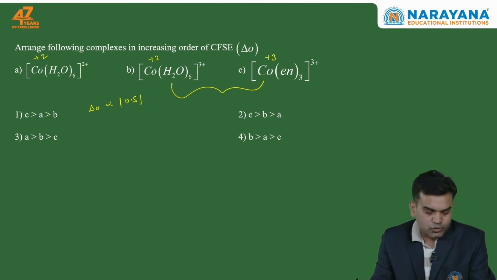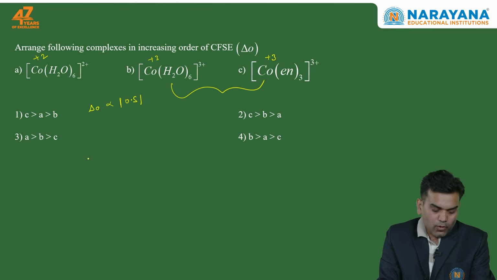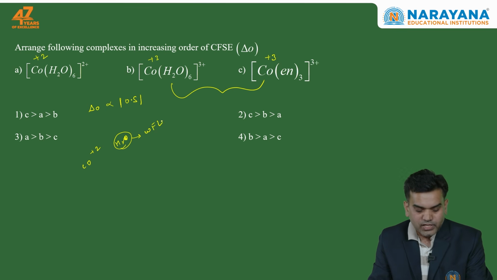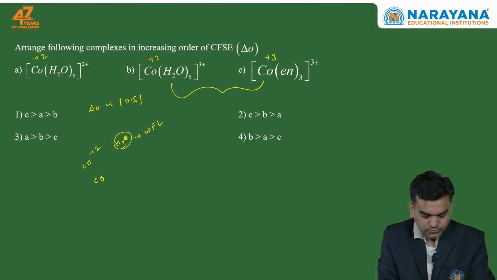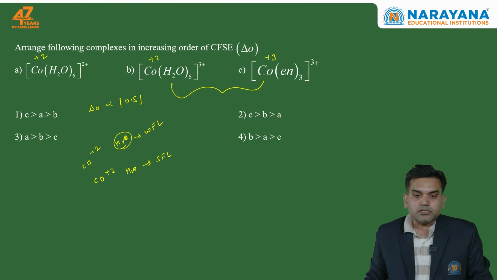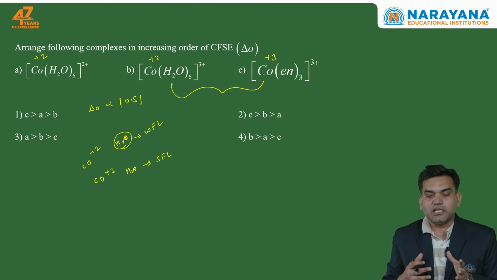One more thing I think you would know: cobalt in +2 oxidation state with water or oxygen as donor ligands behaves as a weak field ligand, but cobalt in +3 oxidation state with water shows strong field ligand behavior. So the stronger the ligand, the more its CFSE value.